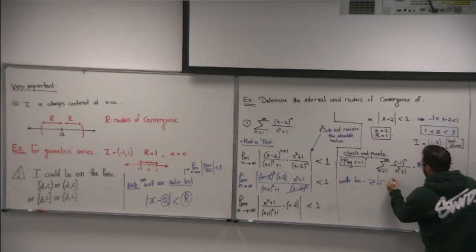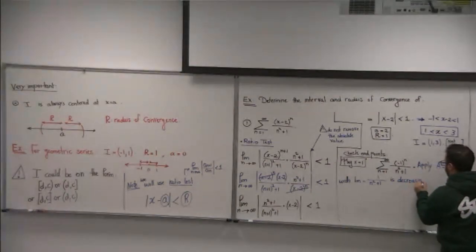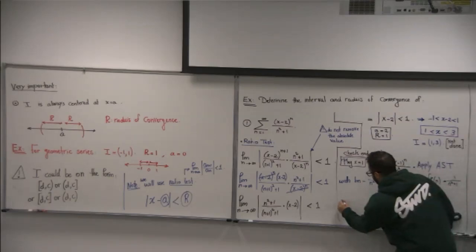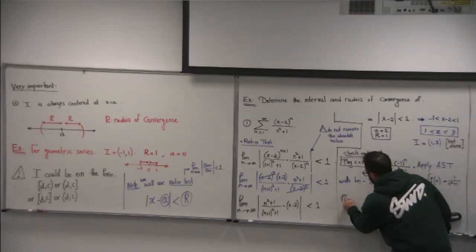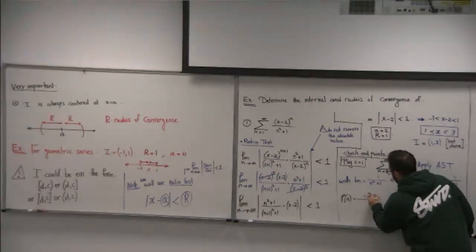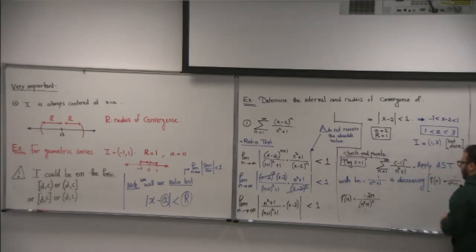Okay, this is decreasing. Why is it decreasing? Because the derivative is negative. Let me write it in brackets. For f of n equal 1 over n squared plus 1, f prime of n is equal to minus 2n divided by n squared plus 1 all squared.